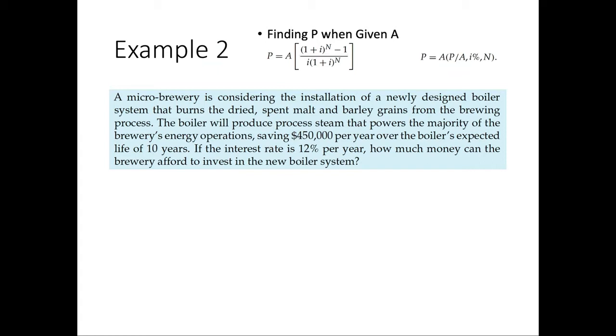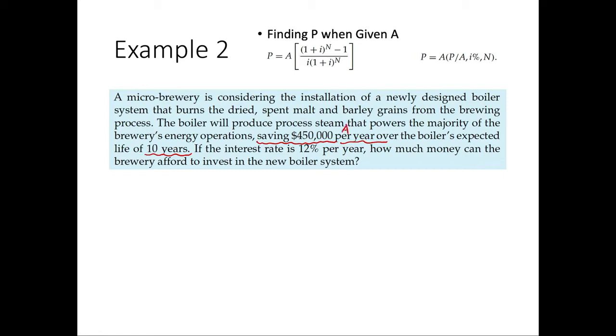The boiler will produce process steam that powers the majority of the brewery energy operations, saving. Look at that. So the new boiler can save you this much per year over the boiler's expected life of 10 years. So every year you save the same amount for 10 years.